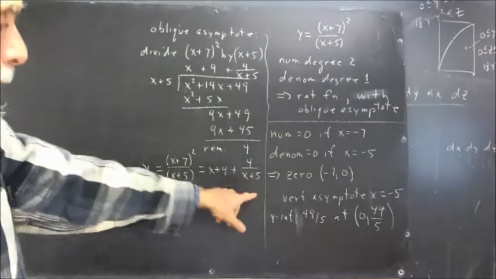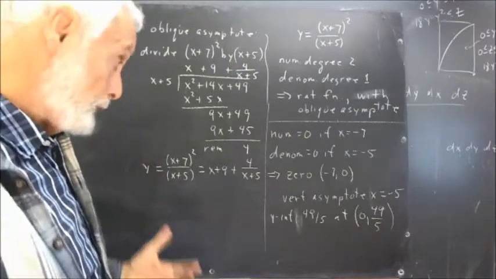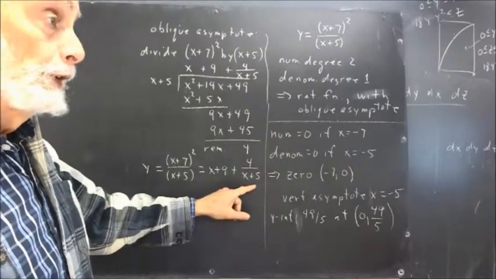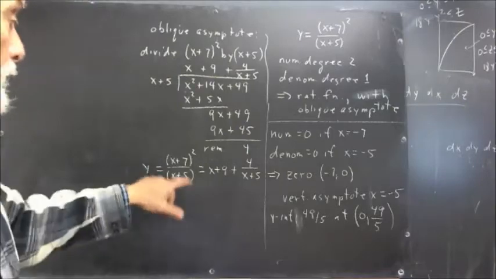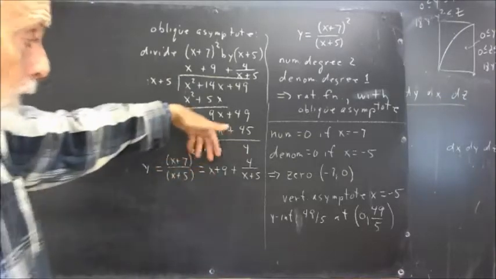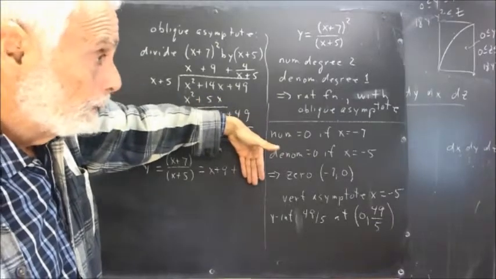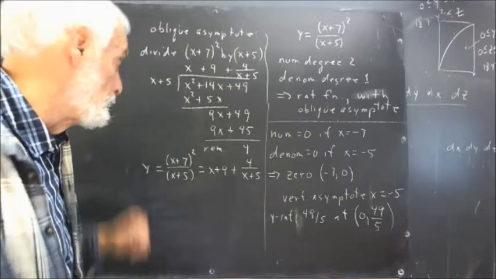Now the convenient thing about this is when we do our end behavior, when x gets really large, 4 over x plus 5 is going to approach 0, which means that our function is essentially just going to be x plus 9. x plus 9 plus something that becomes increasingly insignificant as x gets large.